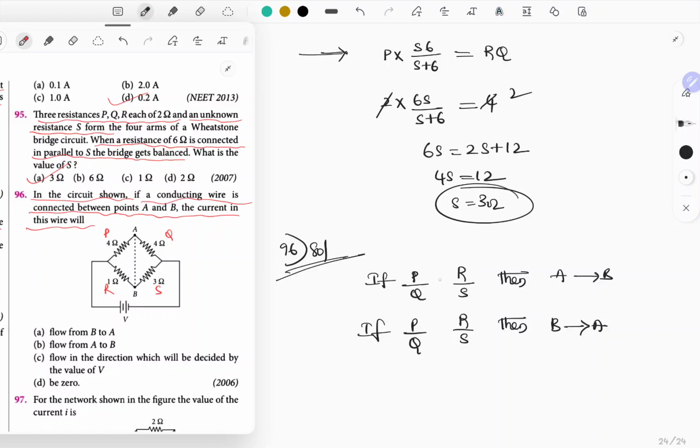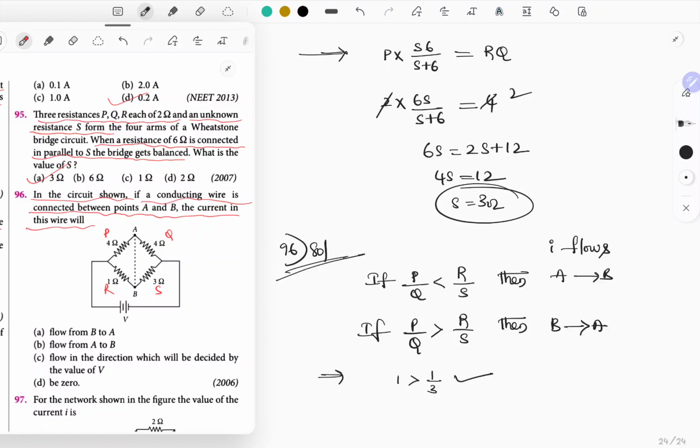If P by Q is less than R by S, then current flows from A to B. If P by Q is greater than R by S, then current flows from B to A. Here, P by Q is 1 by 1, which is 1, greater than R by S, where R is 1 and S is 3. Yes, it is following this rule.